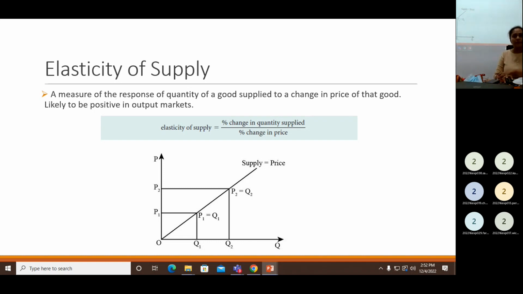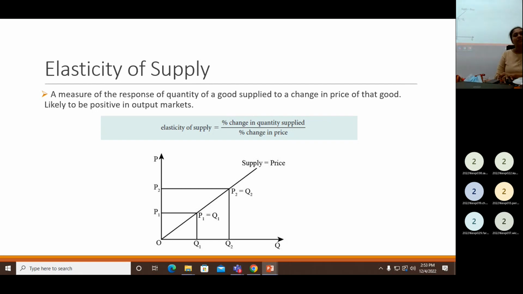Is that clear? Now let's say you are in the business of supplying crude oil. Will you face an elastic supply curve or an inelastic supply curve? Inelastic.